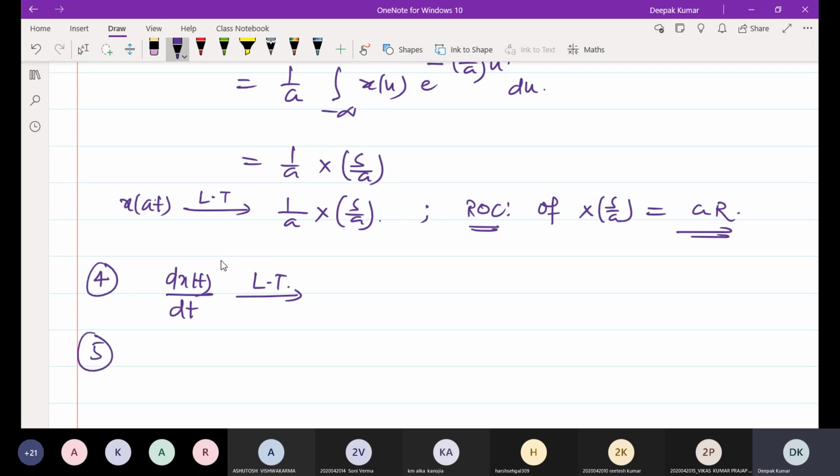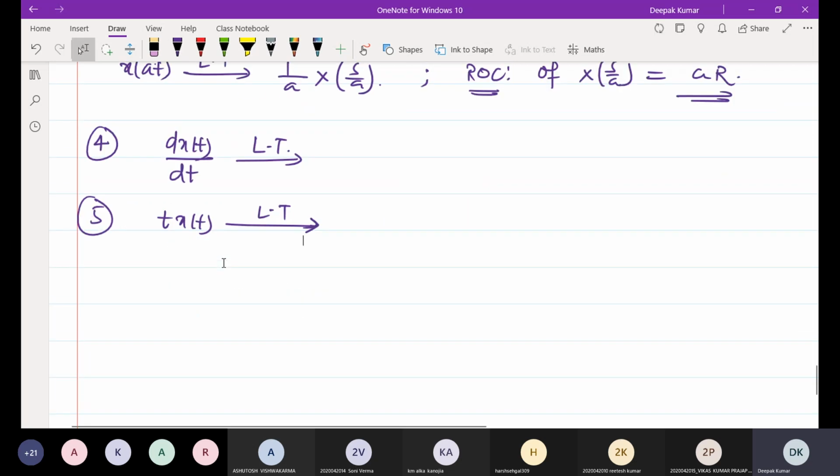Another, find t into x of t. This is called time multiplication, frequency differentiation. If you know these two properties, then you can use them for others also.